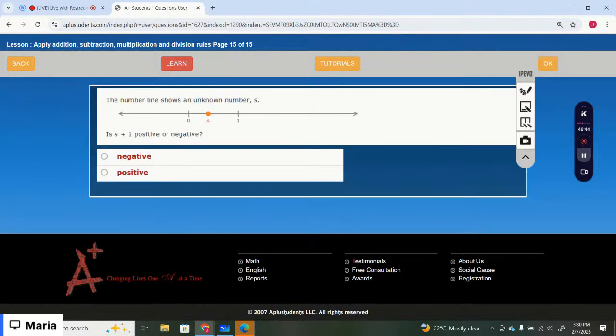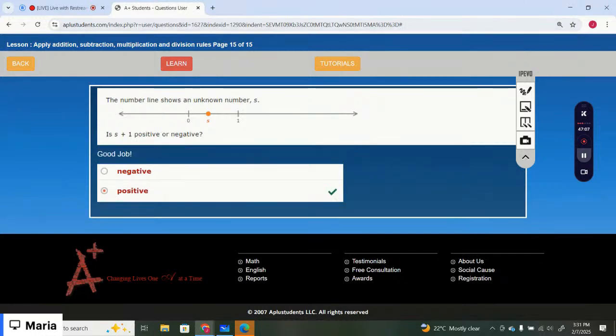The number line shows an unknown number s. Is s plus 1 positive or negative? S plus 1 is positive. Okay, we are done with the lesson. Let's just move on to the next lesson.